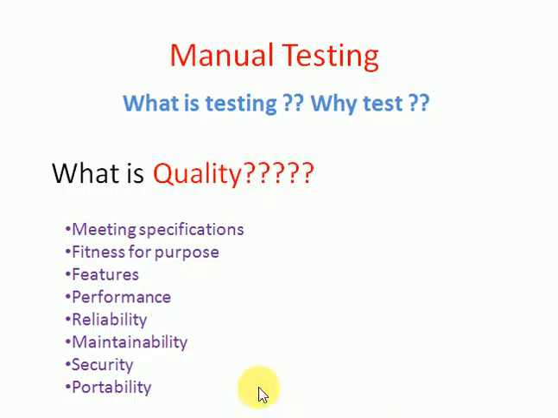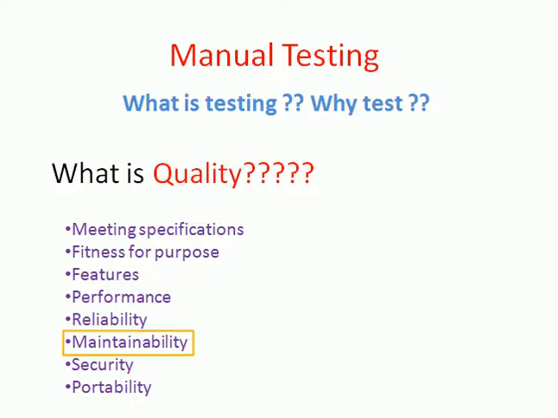Whether the system is maintainable, meaning that if we need some changes to be made to the system, whether it is possible to make those changes. If some part of the system is not working correctly, is it possible to change that part of the system? So that is also one of the characteristics or one of the properties of quality.